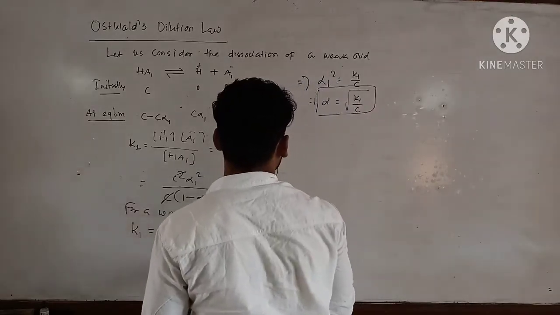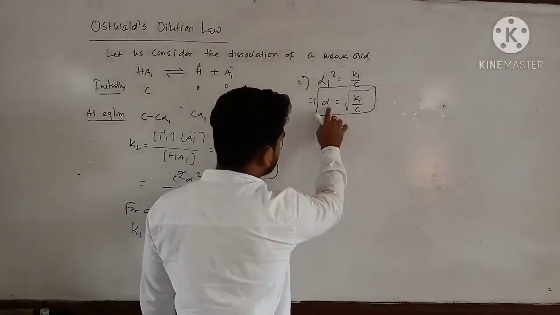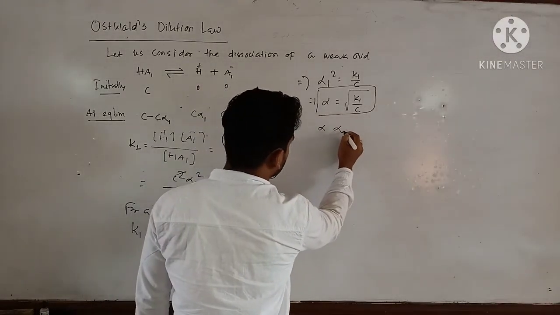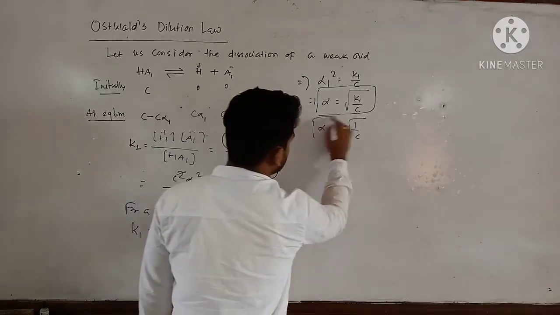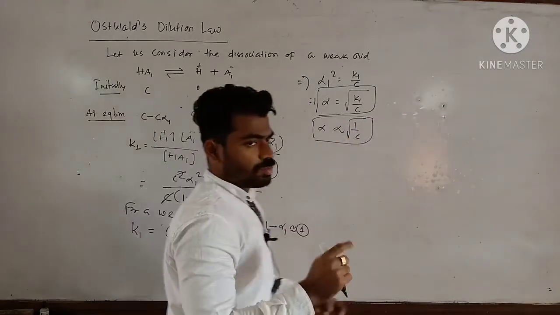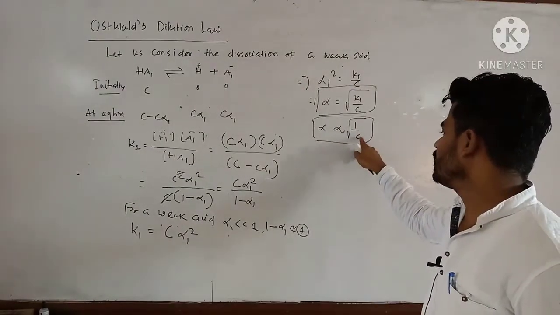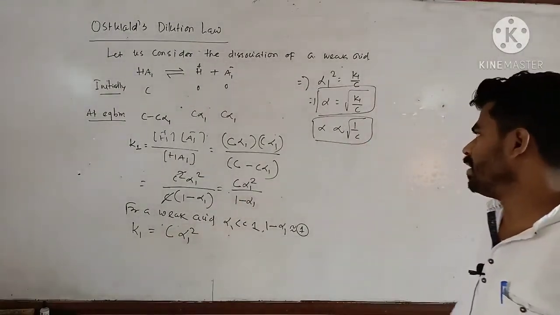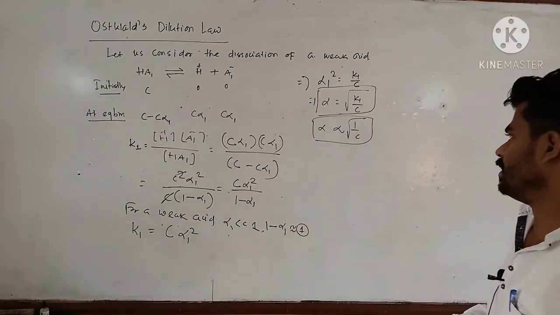So from this equation you can say the degree of dissociation alpha is inversely proportional to the square root of the concentration, because the concentration and the dilution are inversely related. So 1 by C can be written simply as V, that is directly proportional to dilution, which I have discussed initially.